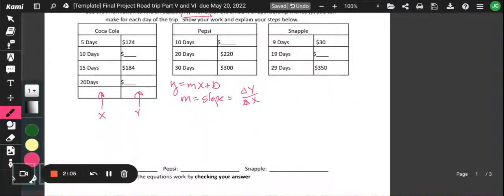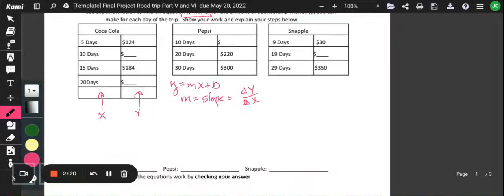So all I really need to do is figure out what my change in y over change in x is by taking the difference of my 2 points that I have y for and the difference of their corresponding x coordinates.